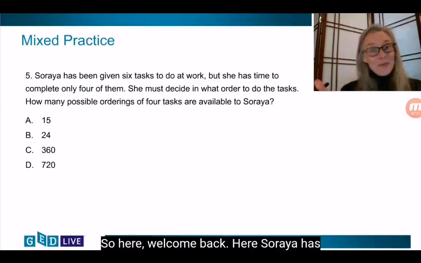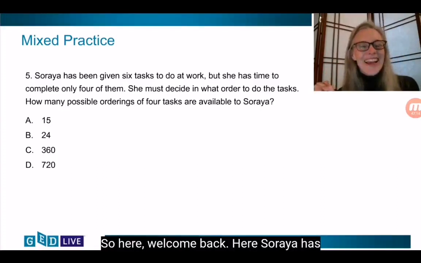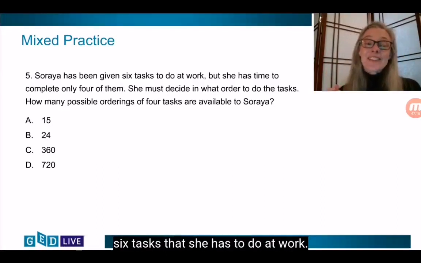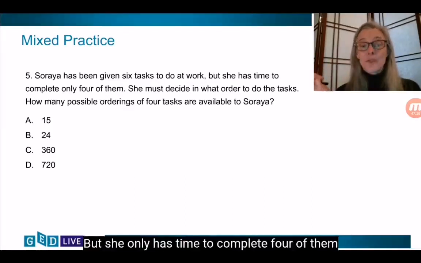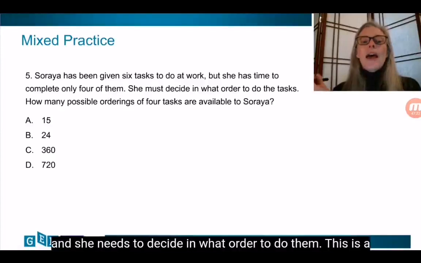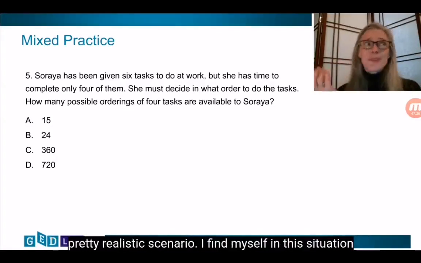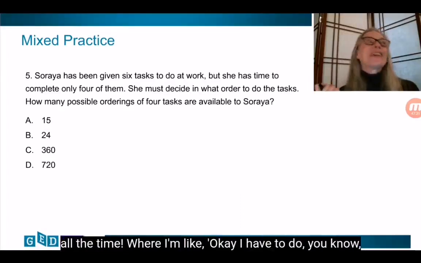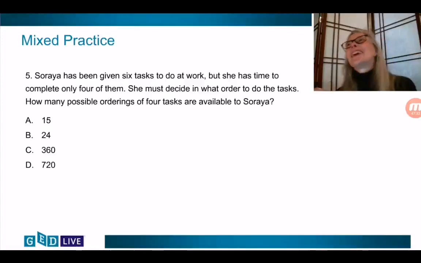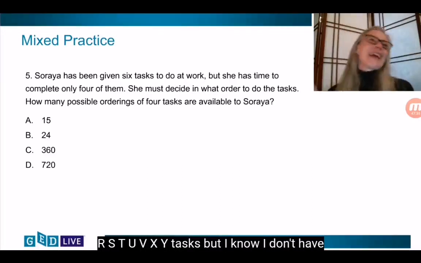Welcome back. Here, Soraya has 6 tasks that she has to do at work, but she only has time to complete 4 of them, and she needs to decide in what order to do them. This is a pretty realistic scenario. I find myself in the situation all the time where I have to do, you know, tasks R, S, T, U, V, X, Y, but I know I don't have time for all of that.